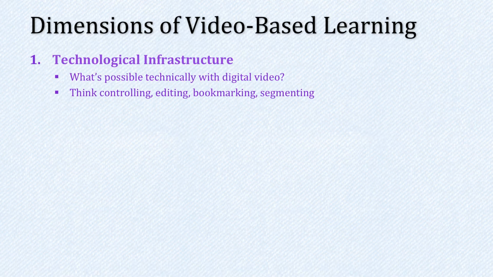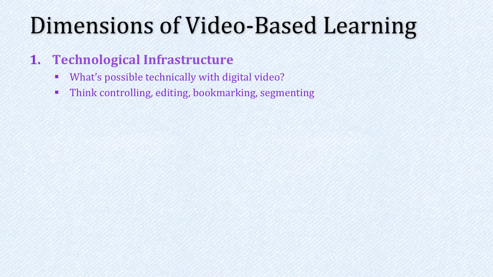The first dimension raised by Derry and colleagues is technological infrastructure. In other words, what's possible, technically speaking, with video. It wasn't too long ago that video was mainly shared through VHS tapes and laser discs. What was possible technically with VHS is considerably different than what is possible with today's digital video tools.